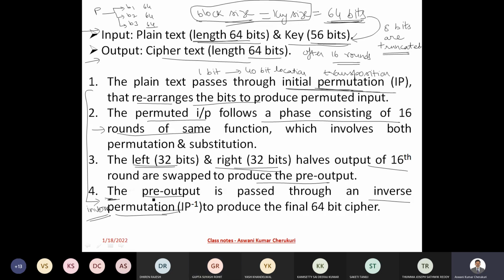Now at the final stage, after performing your 16 rounds of operations, whatever text you get would undergo the inverse process of your first step. What is the inverse process? You take the 40th bit of the ciphertext and bring it to the first bit location. That's your inverse permutation. Okay sir, it's just the inverse of the first step. Correct. We will discuss this with an example as we proceed further.